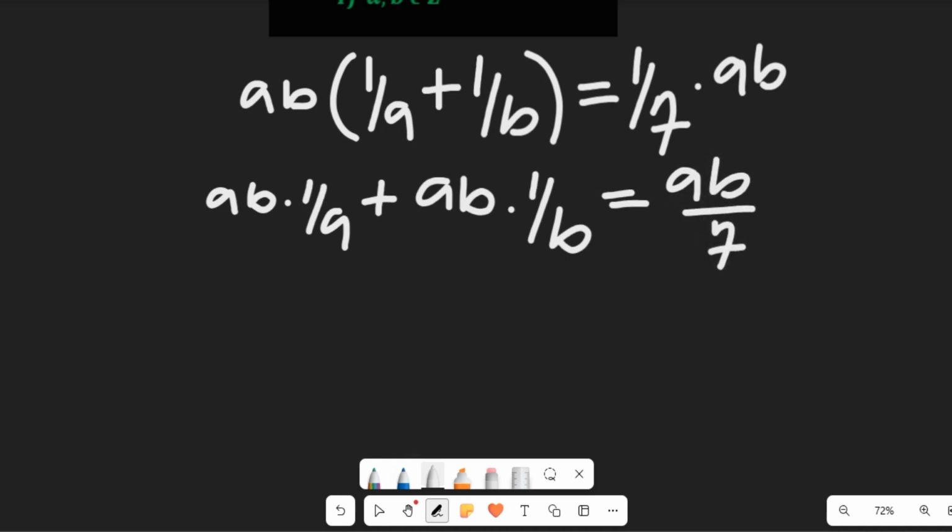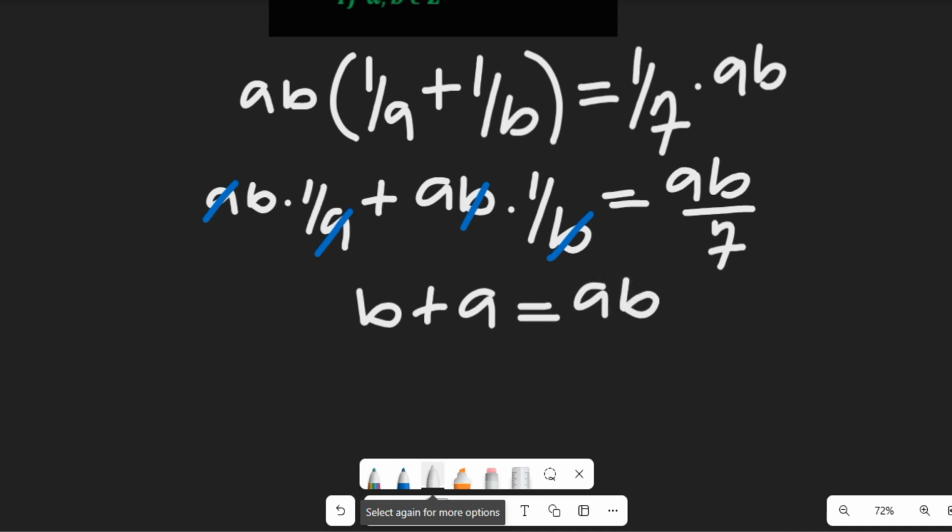So what do we do over here? a cancels out a, while b cancels out b. So we'll be left with b plus a equal to ab divided by 7.